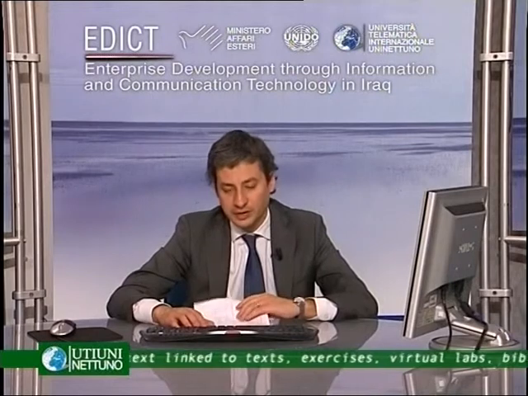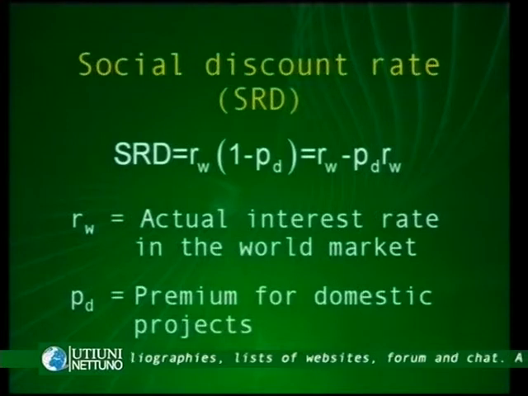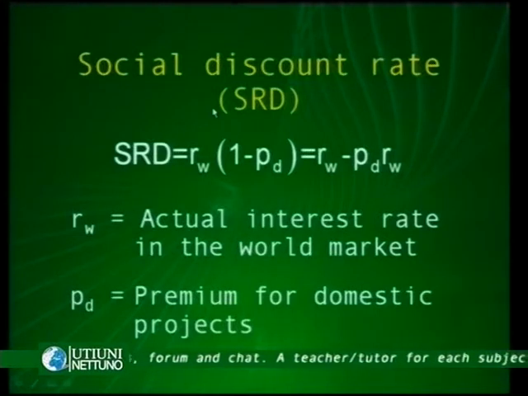So again, this is a general formulation for the calculation of the social discount rate, but you could interpret the premium for domestic projects, which is clearly the relevant topic here, in different ways, because typically the interest rate in the world market is known. So what really depends on subjectivity and on the objectives of the decision maker is the premium for domestic projects.